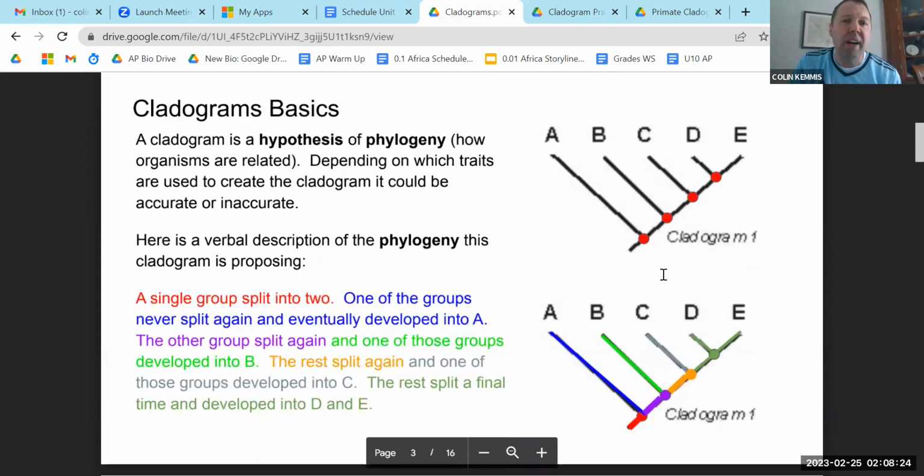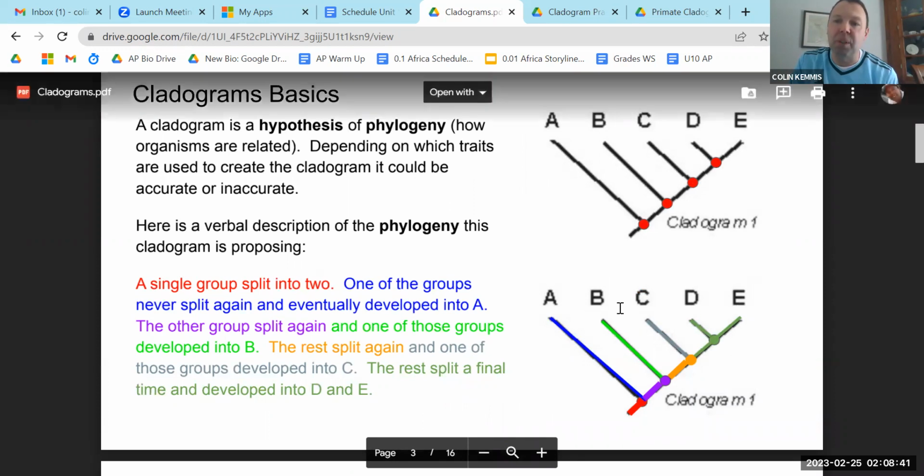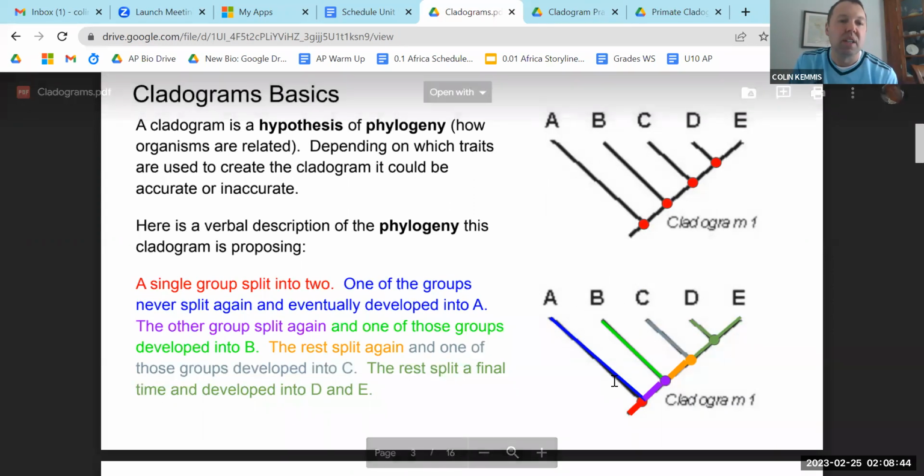A cladogram shows a phylogeny, how organisms are related. So this is another way that we can look to see if they're related. In this one, group A splits off in the most ancient node, and it has evolved separately without breeding with these other ones.